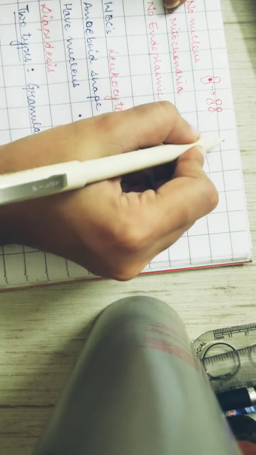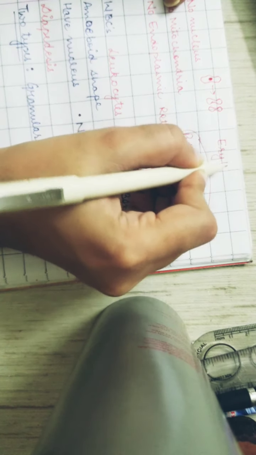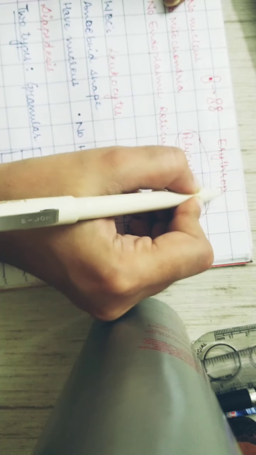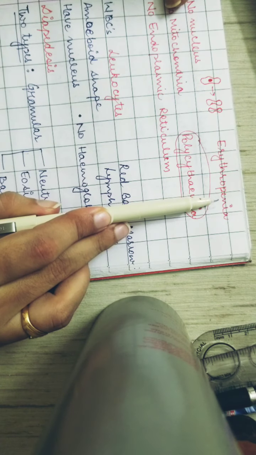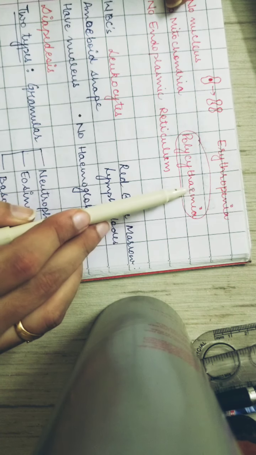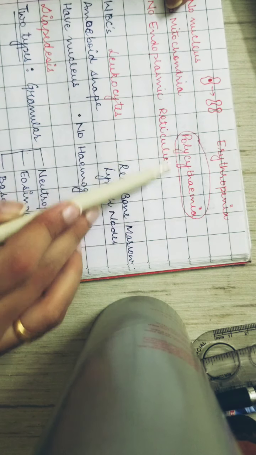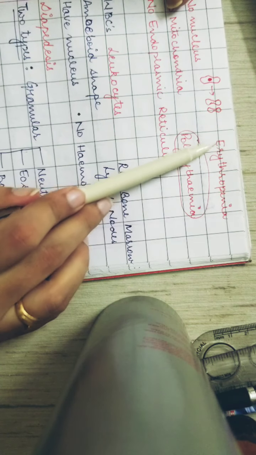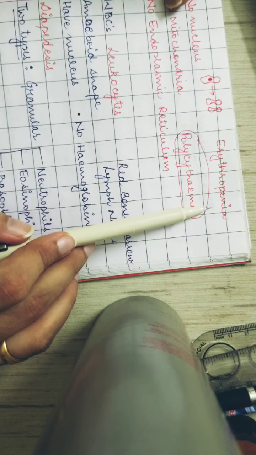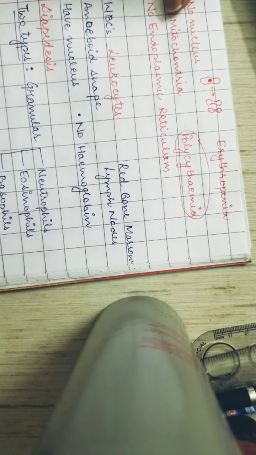The second condition is erythropenia, which means there is an abnormal decrease in the number of RBCs. So if there is an abnormal increase, the condition is known as polycythemia, and if there is an abnormal decrease, the condition is known as erythropenia.